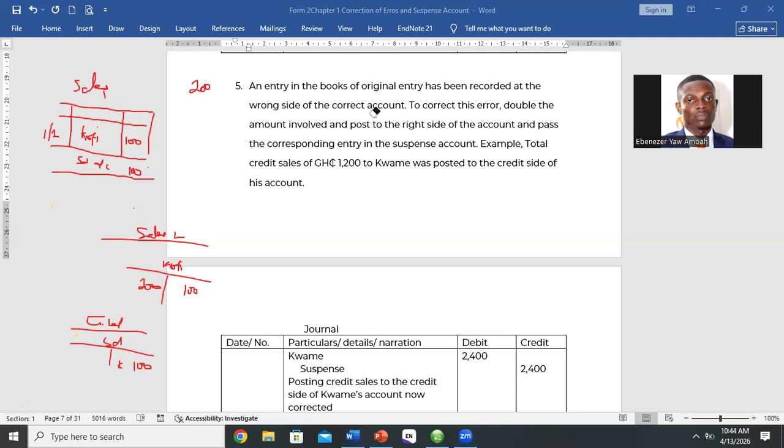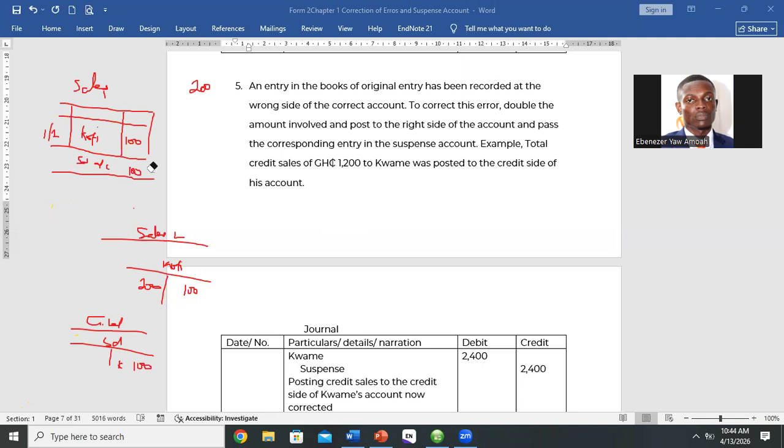So an entry we made in a day book has been recorded at the wrong side of the correct account. So the explanation is that when you prepare your day book, you have to post to the ledgers. And you remember we prepared the sales day book, purchases day book, return inwards, return outwards, petty cash book, cash book. And when we were done, we were posting them to their respective ledgers in the T account.